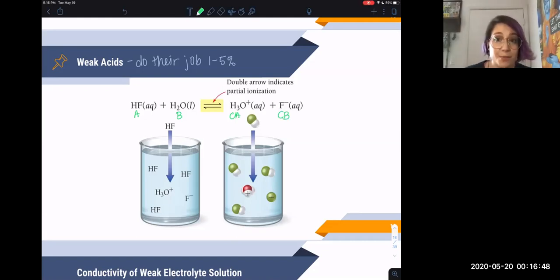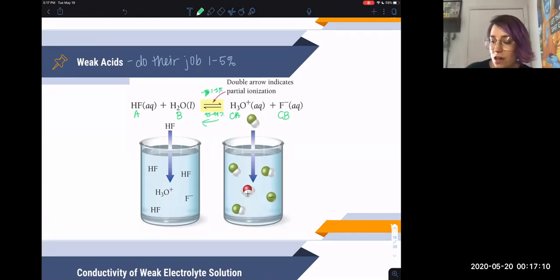The conjugate acid and base do their job more than the originals. It goes 1 to 5% this direction, which means it must go 95 to 99% this direction.